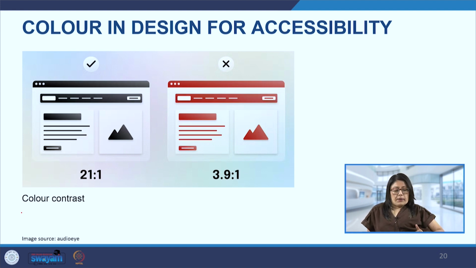And as per the Web Content Accessibility Guidelines, the contrast should be a minimum of 4.5 is to 1 ratio. So of course the one where the red and white combination is there really fails. It will not even pass the basic guidelines. So we have to be very careful when we are designing for accessibility.